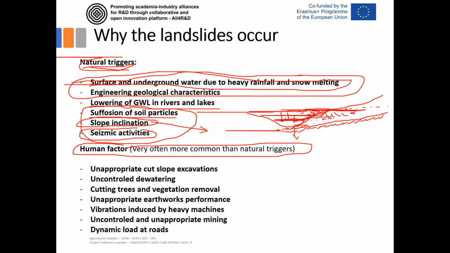Another cause of landslide sliding can be slope inclination. If you ask someone who is not familiar with landslide related problems, he would probably say that as the slope angle increases, the problem increases.